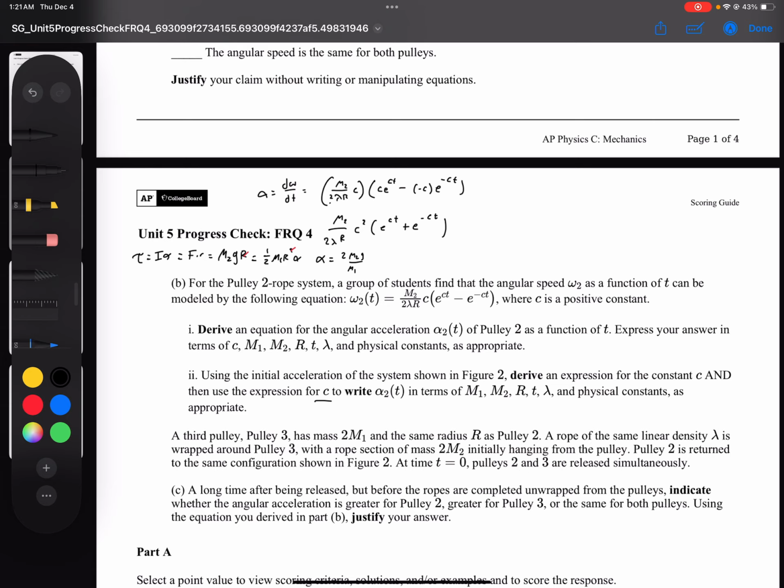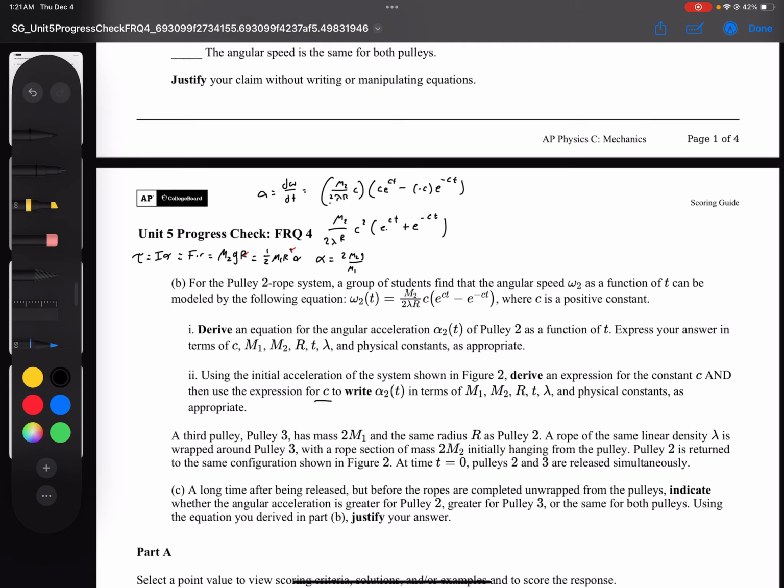And let's think about how to solve for C. So I know that at t equals 0, these exponential terms give the initial angular acceleration. And the idea is that the angular acceleration of pulley 2 is going to increase.